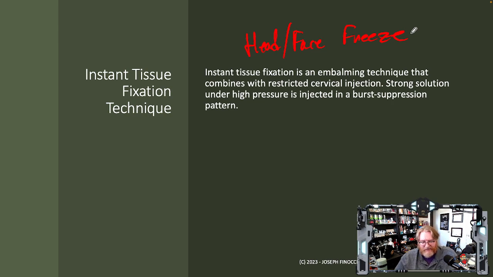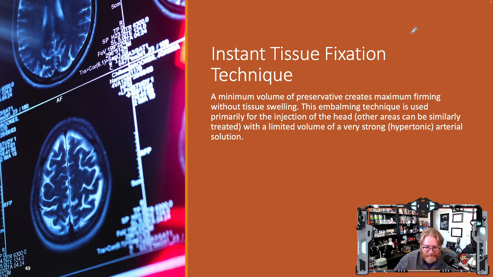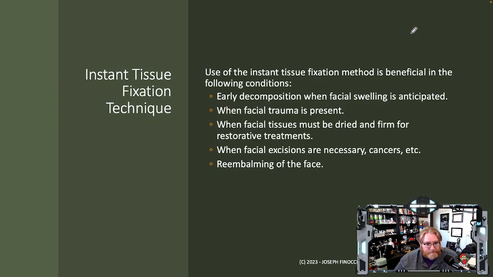Strong solution under high pressure is injected in a burst suppression pattern. A minimum volume of preservative creates maximum firming without tissue swelling. This embalming technique is used primarily for the injection of the head. Other areas can be similarly treated with a limited volume of a very strong hypertonic arterial solution. The moral of the story here is you want to inject very little but very strong. And you can do that anywhere in the body.